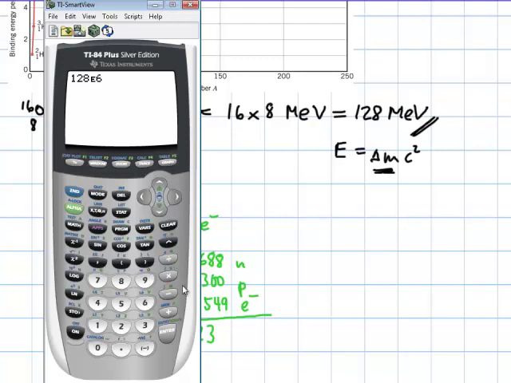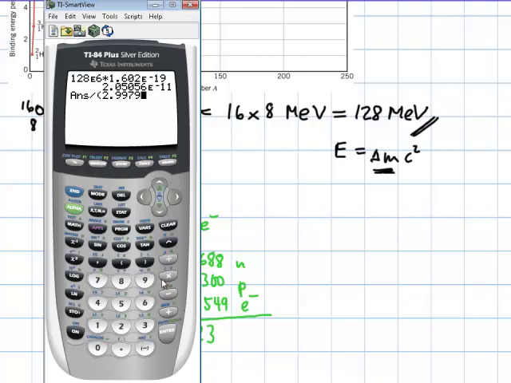So 128 mega electron volts is 128 times 10 to the 6th times 1.602 times 10 to the negative 19. Okay, so that's how many joules are used in binding energy. Then I divide by c squared to get the mass deficit.